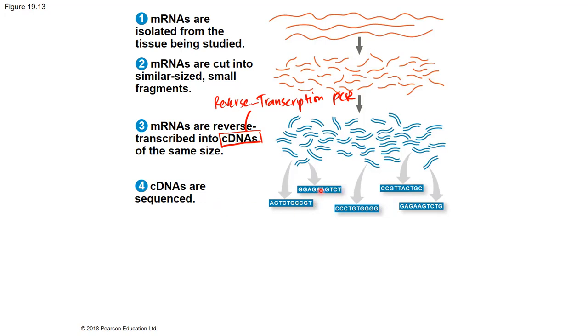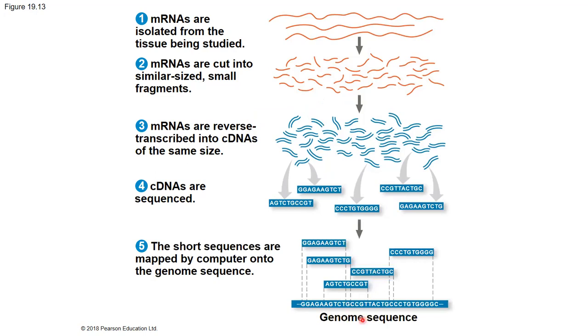And the sequenced small fragments will be mapped to a genome sequence. So this step is called mapping. Mapping means we want to determine the location of each sequenced fragment with respect to the genome.